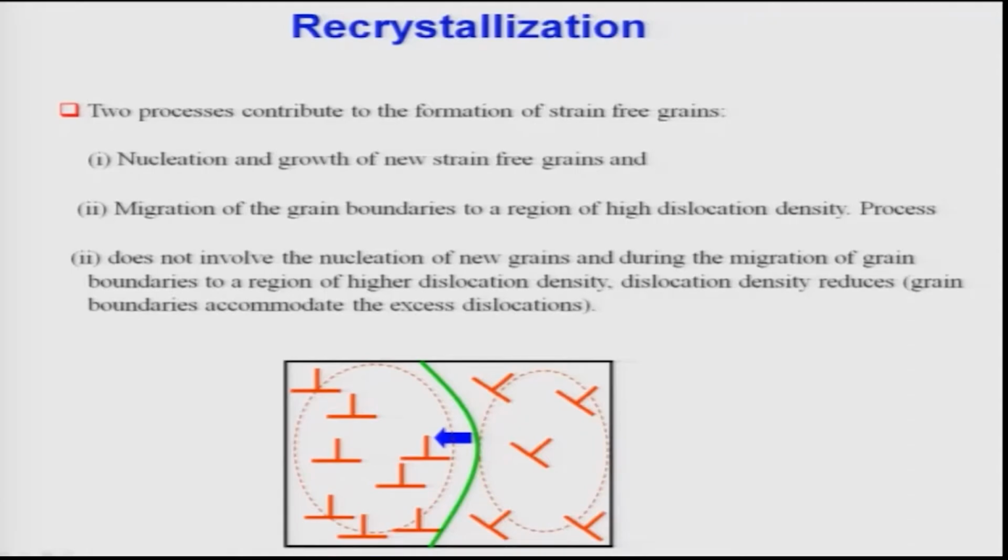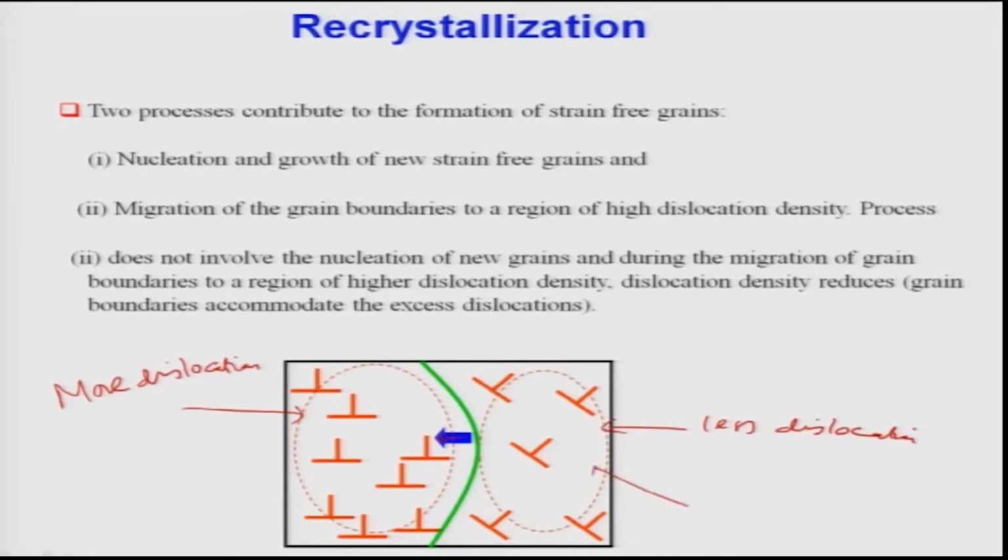What is that? Well, this can be shown in this way. Suppose we have two strained grains, one with more dislocations and the other with fewer dislocations. This one has fewer dislocations. Now this is the arrow along which the grain boundary will move, from the lower number of dislocations to the higher number of dislocations.